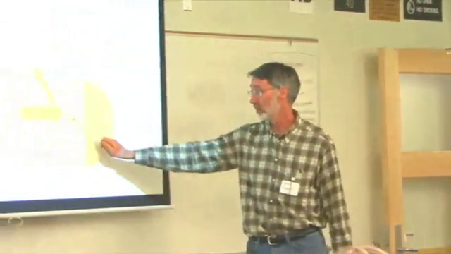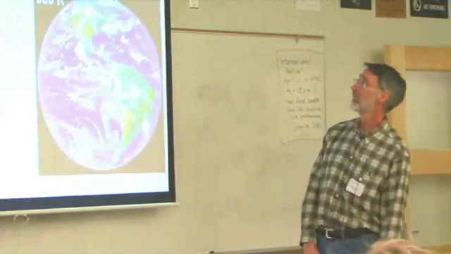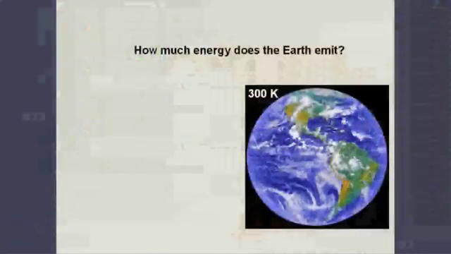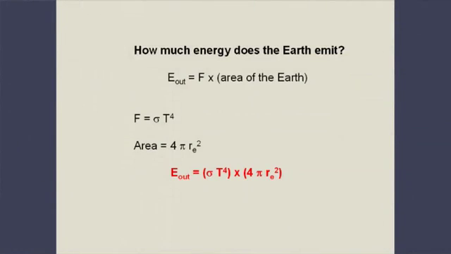So that reduces the total energy absorbed in the Earth system. So how much does the Earth lose? Well, it's 300 Kelvin, so the flux is sigma T to the 4th, the area is 4 pi r squared, so that's how much the Earth emits.